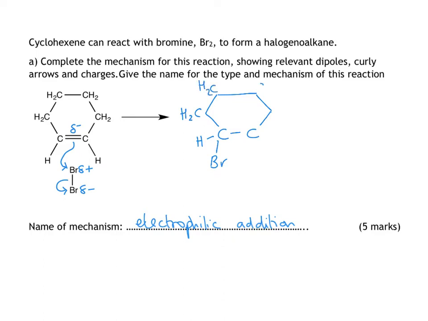What I wouldn't suggest for a mechanism like this is doing it as a full displayed formula, because it's going to take you a lot of time. And the most important things really are that you have a positive charge on one of the carbons, bromine on the other, and you have a Br minus with an arrow going towards that.